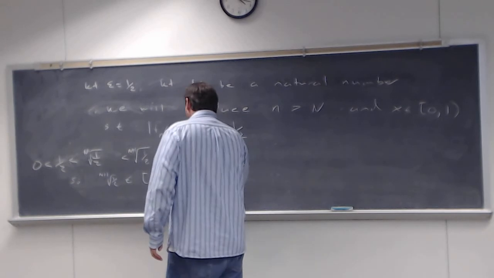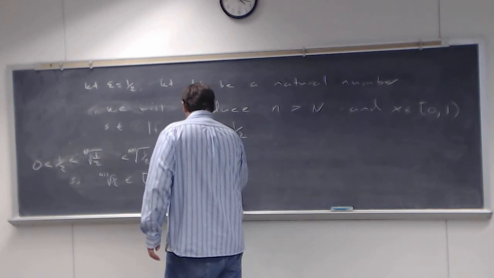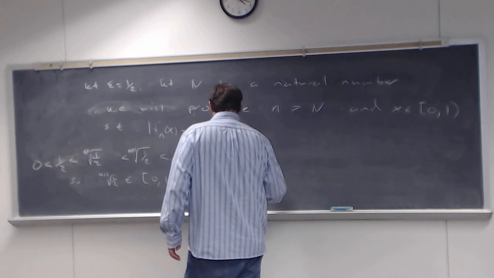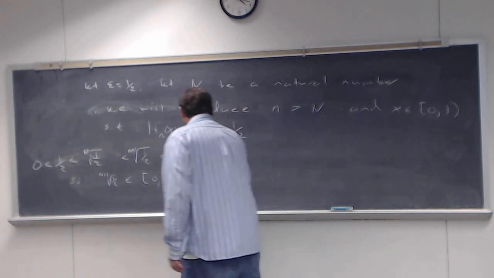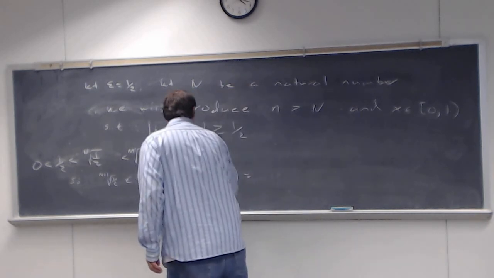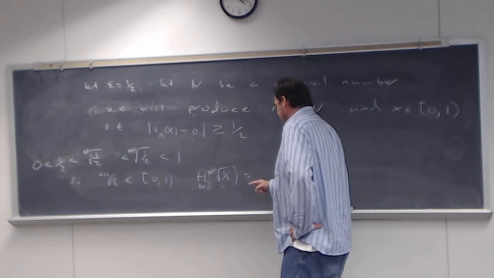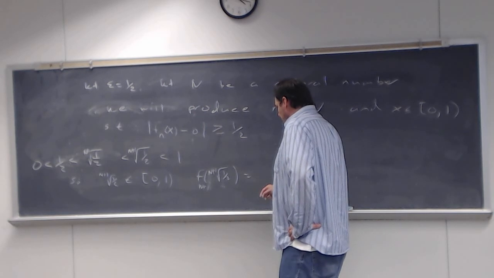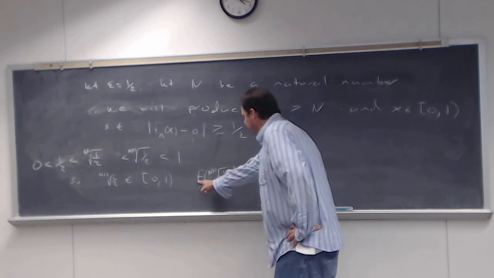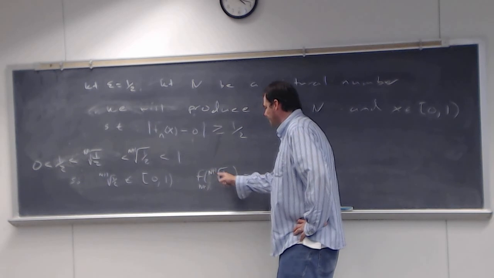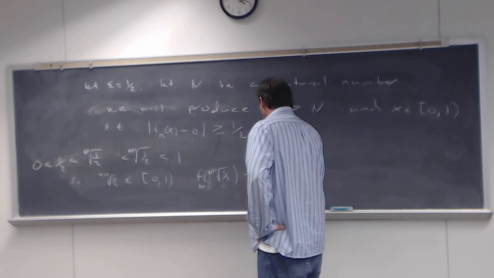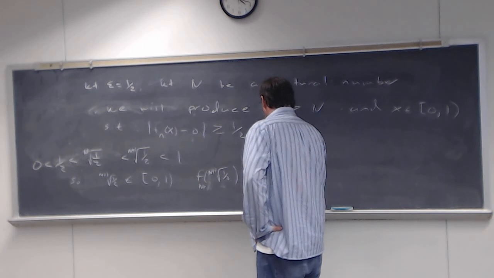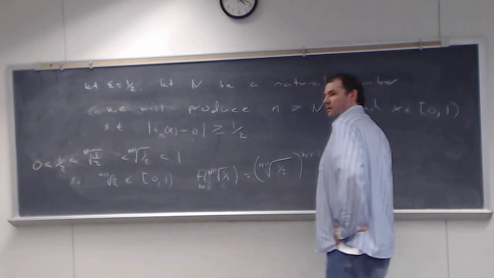Now f of the n plus 1 root of 1/2, let's talk about the n plus 1 function of it. So this is f sub n plus 1 of the n plus 1 root of 1/2. That's right. So this is the n plus 1 root of 1/2 raised to the n plus 1. And what's that equal to?